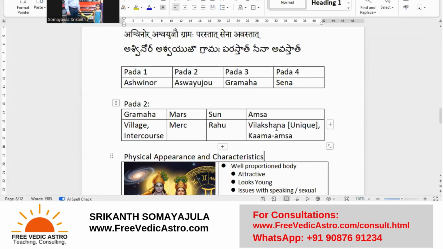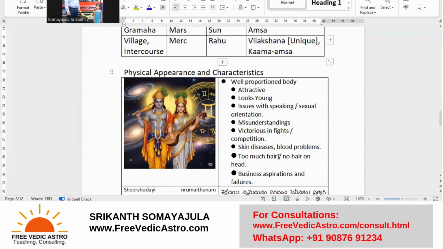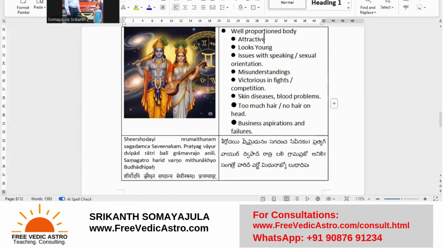All right. So now the characteristics of the person born in Ashwini Pada 3: you will have a well-proportioned body. The person is very attractive, right? Because it's the Mercurian Amsha, right? So the first time you will get to see this, we have talked about these things in the previous classes.